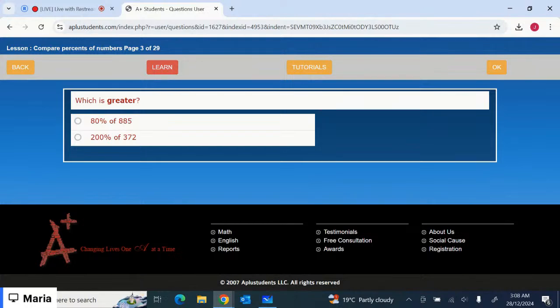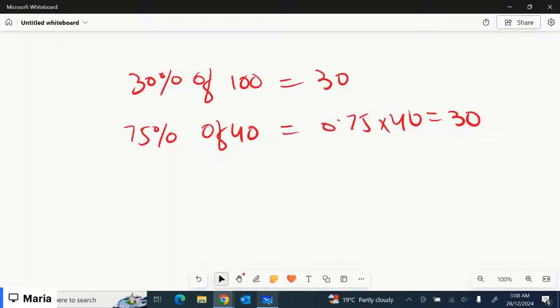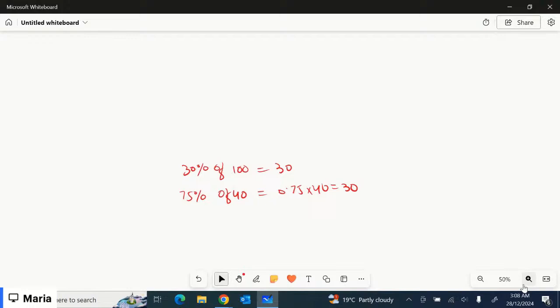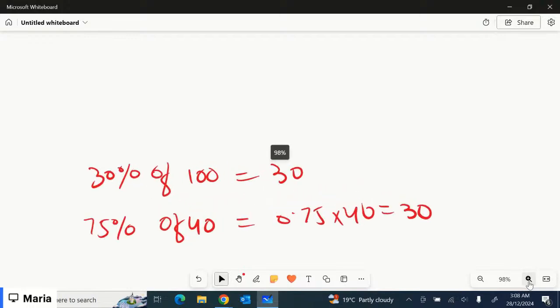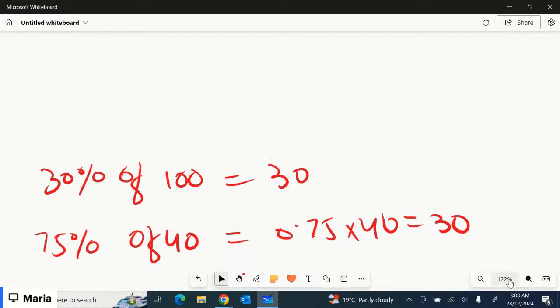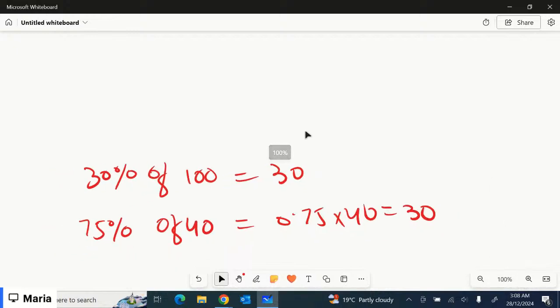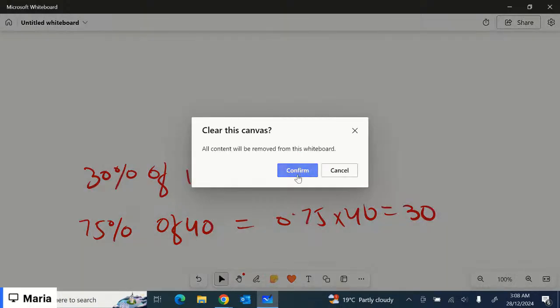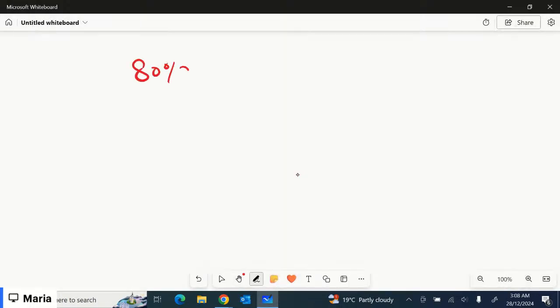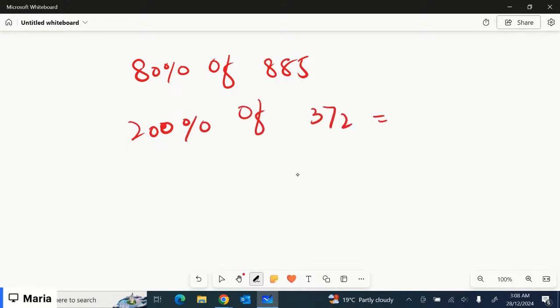Which is greater, 80% of 885 or 200% of 372? So let's just do calculations. 80% means you have to do 0.8 times 885, right?